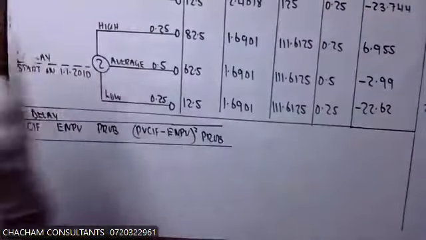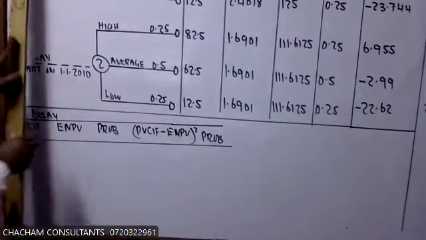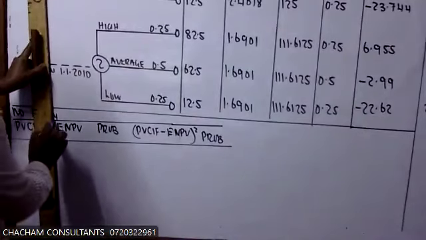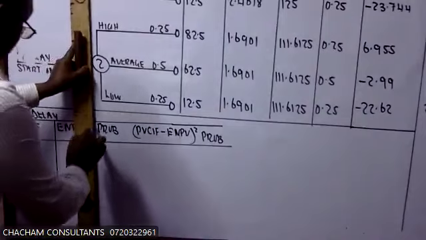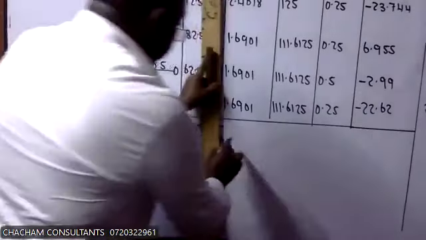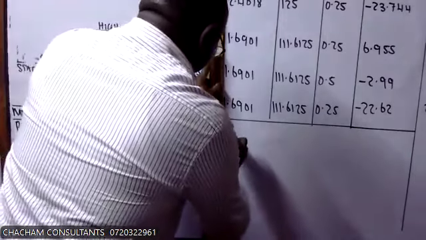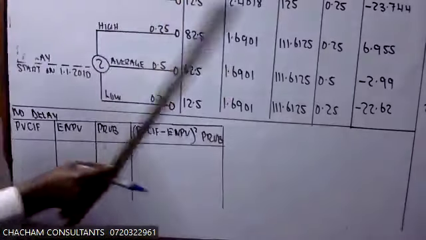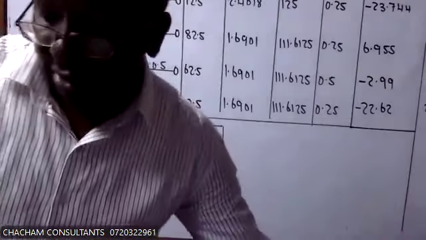Hii column ya present value of the inflows weka pale, lakini ni sawa. So hii ndio formula ya kutafuta variance. So itakuwa tu rahisi.